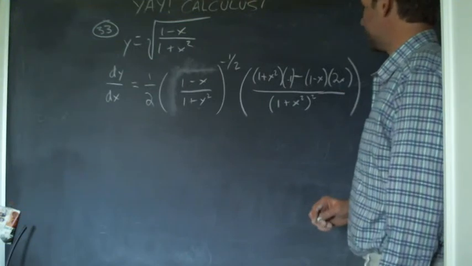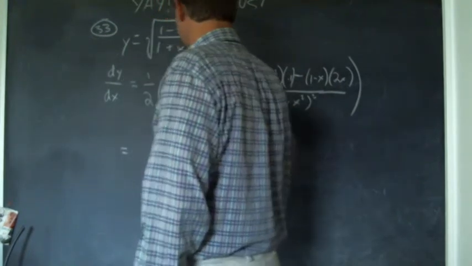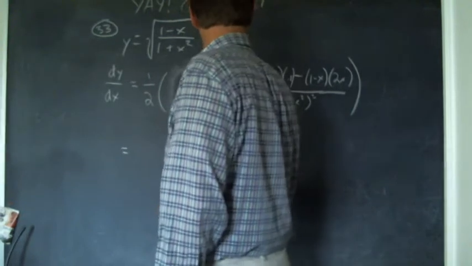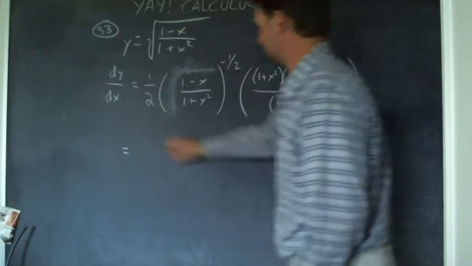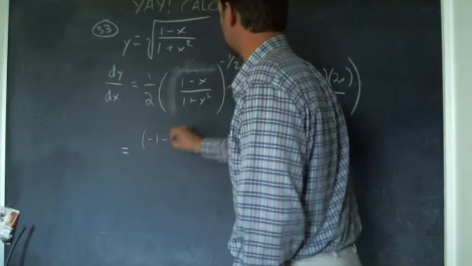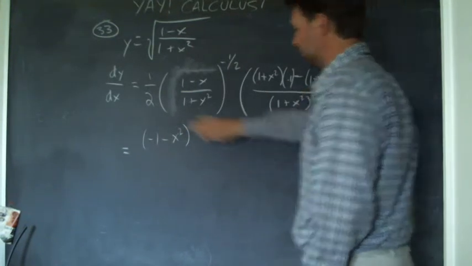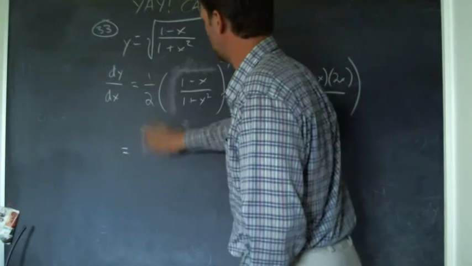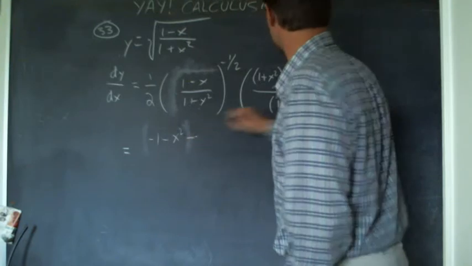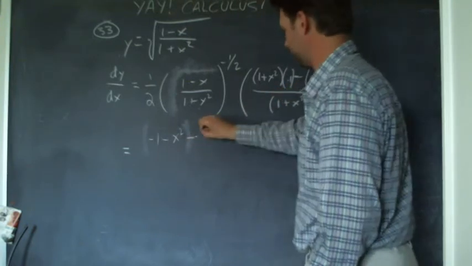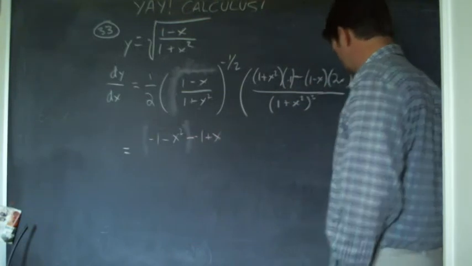Alright, and so this can all go on the top of the fraction, this can go on the bottom of the fraction. Let's clean this up a bit. Negative 1 times this is negative 1 minus x squared, and then minus, no, times 2x.